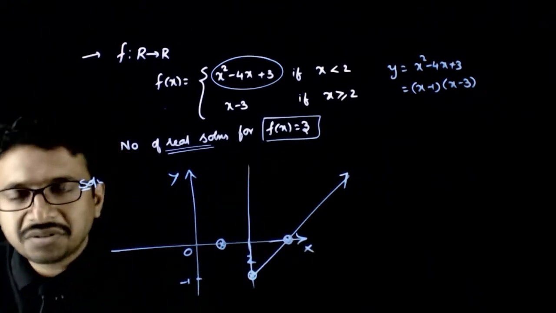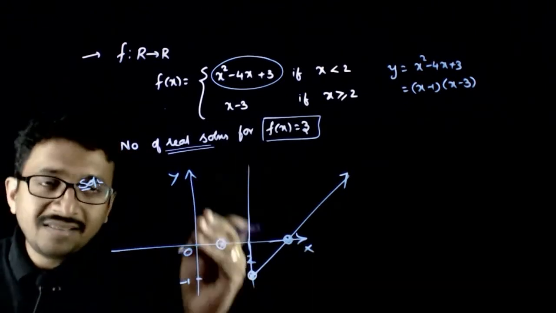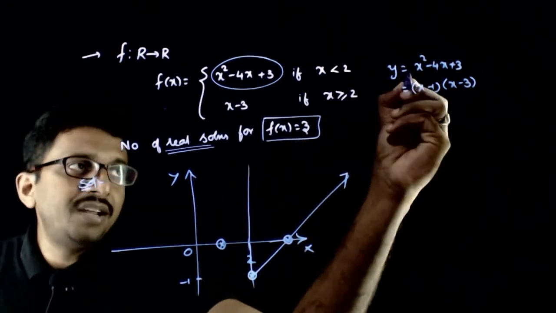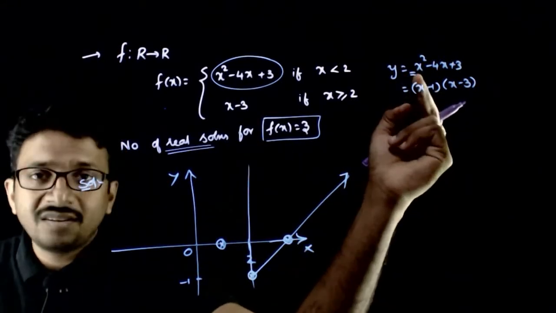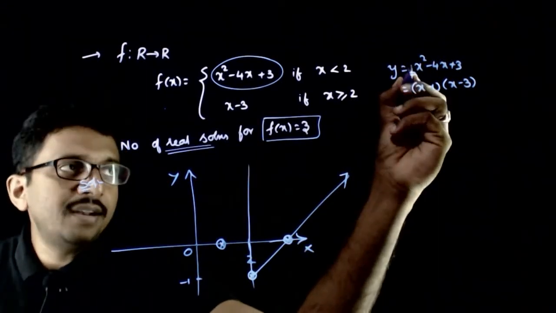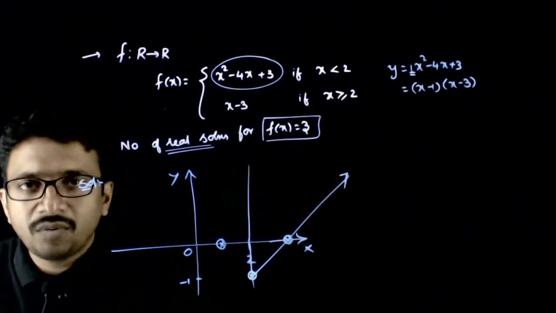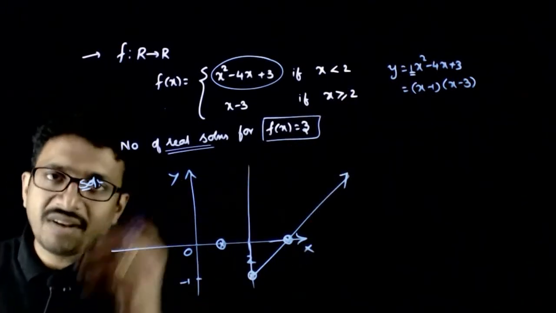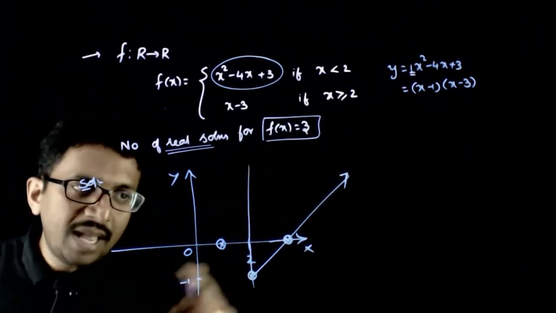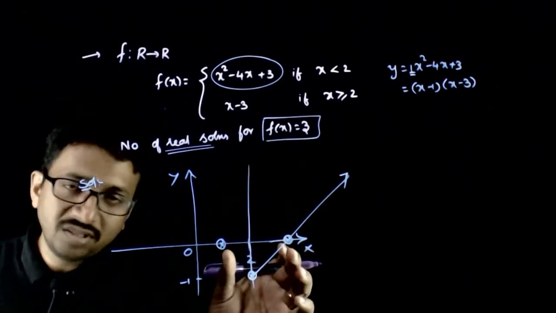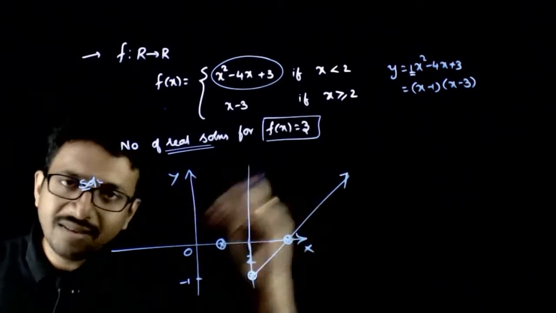And this is an upward parabola because the leading coefficient is 1, which is positive. Hence you have an upward parabola with these two zeros. That means the graph will look like this.